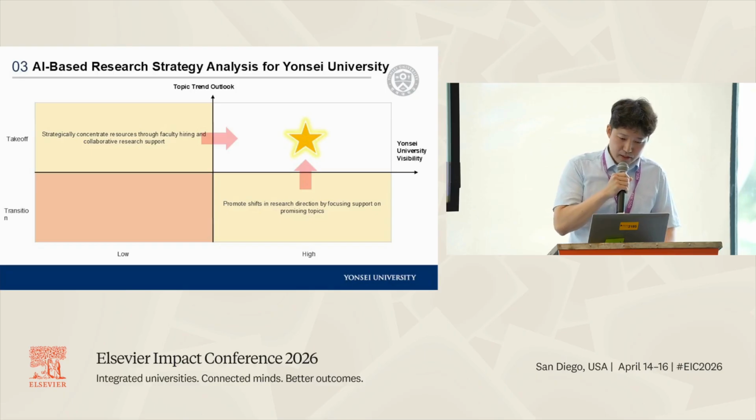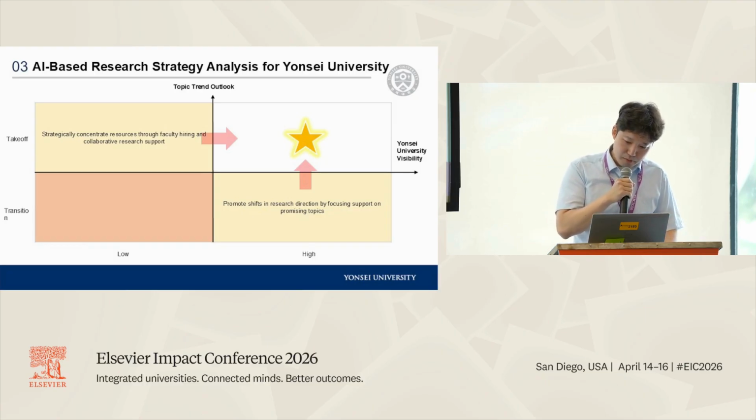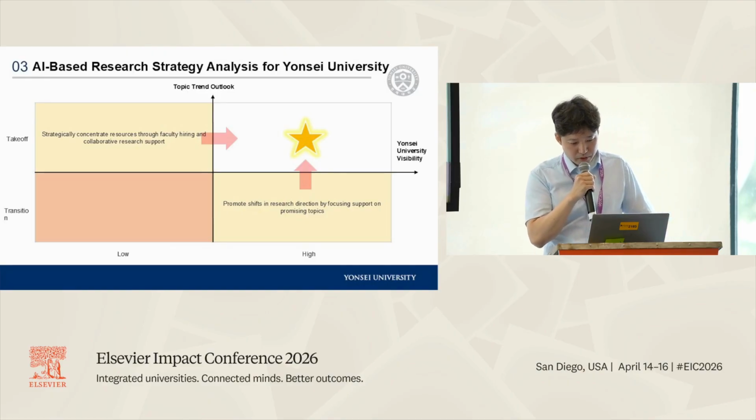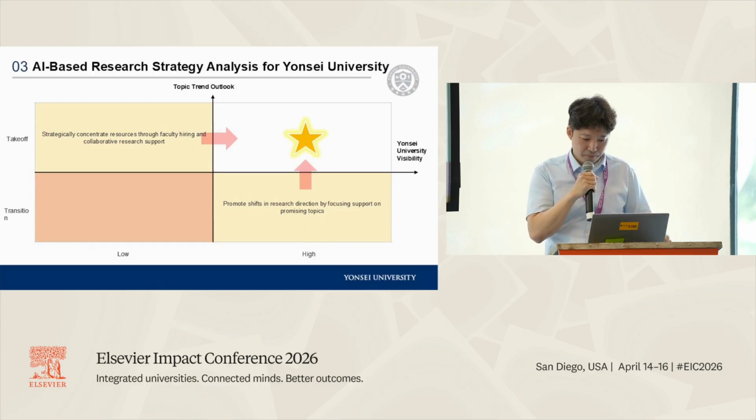And the next slides illustrate our strategic quadrant chart, which correlates Yonsei University's visibility with topic trend outlook. The x-axis represents Yonsei University's visibility, while the y-axis represents topic life cycle from transition to takeoff.